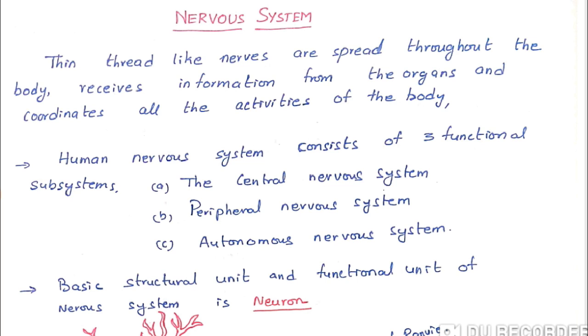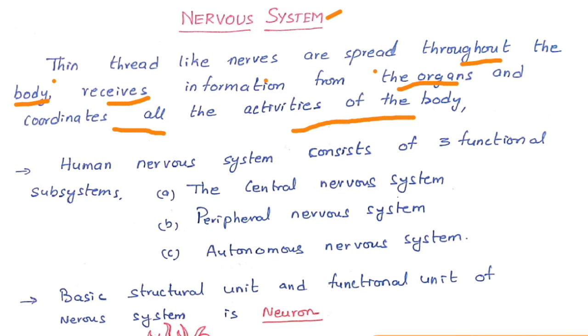So what is the nervous system? Thin, layered nerves are spread throughout the body, receive information from the organs, and coordinate all the activities of the body. To carry out the activities of the organs in our body, the nervous system plays a very important role.